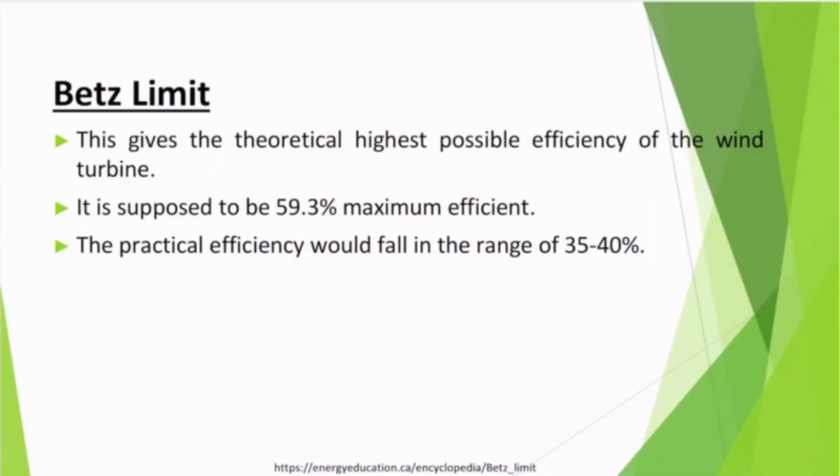And the practical efficiency falls in the range of 35 to 40%. So if you compare solar and wind, solar is close to 20% and wind is close to 40%. Being double the efficiency, wind generators as a renewable energy source are preferred compared to solar.